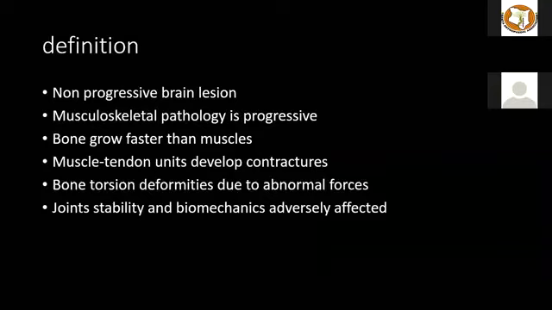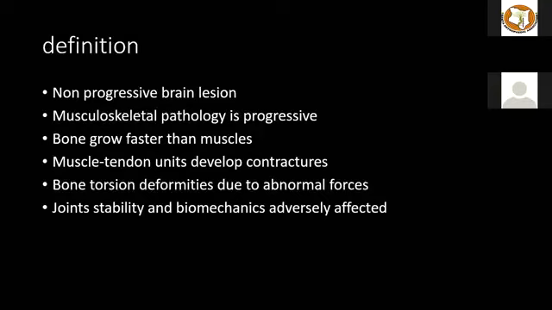However, the musculoskeletal pathology of bones and muscles progresses, and that's why they tend to get bedridden, more so if they put on a lot of weight. The bones grow faster than the muscles, and as the muscles grow they gain length as well as cross-sectional area, which tends to explain the dislocation of the hip.